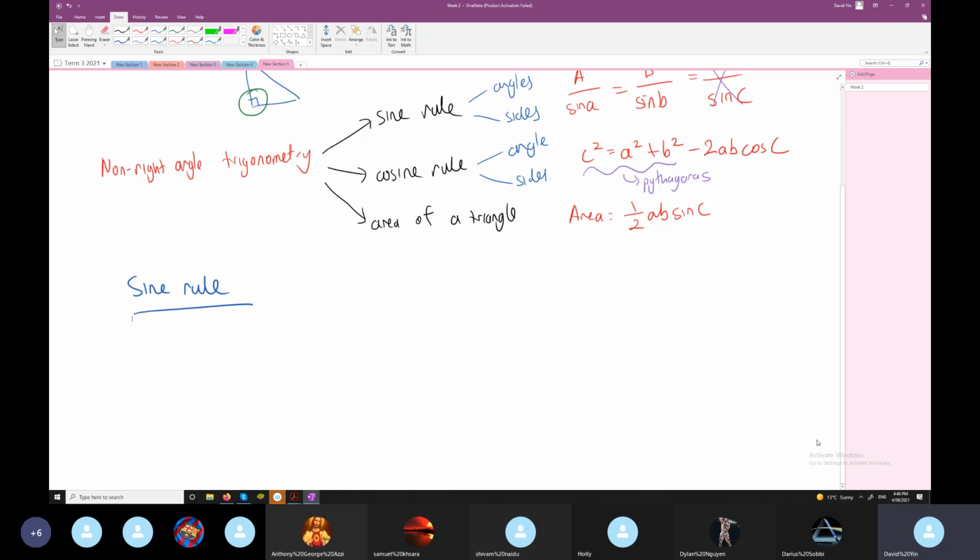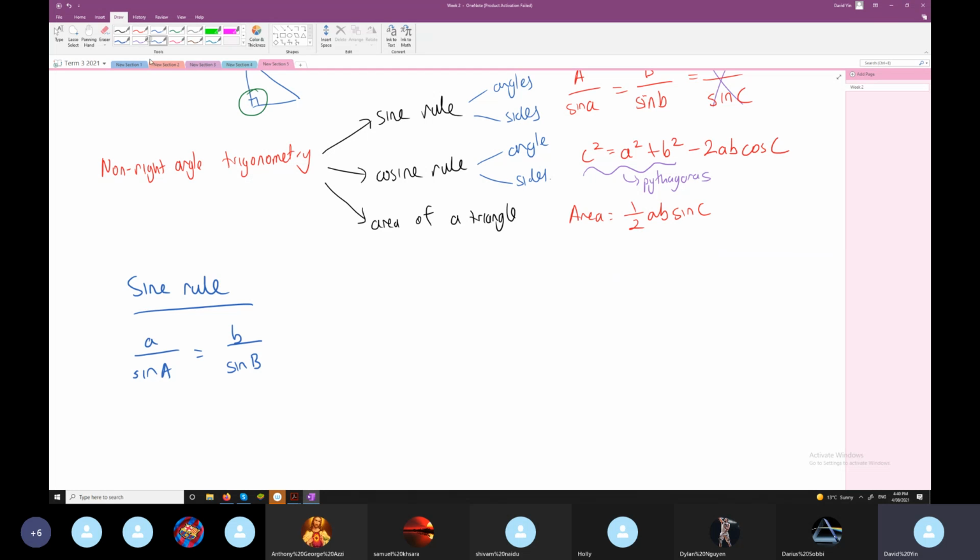I will send you the PDF of what I'm writing in the chat at the end of the lesson, and you can just review it. So the sine rule is given by this formula here: a over sine capital A equals b over sine capital B.